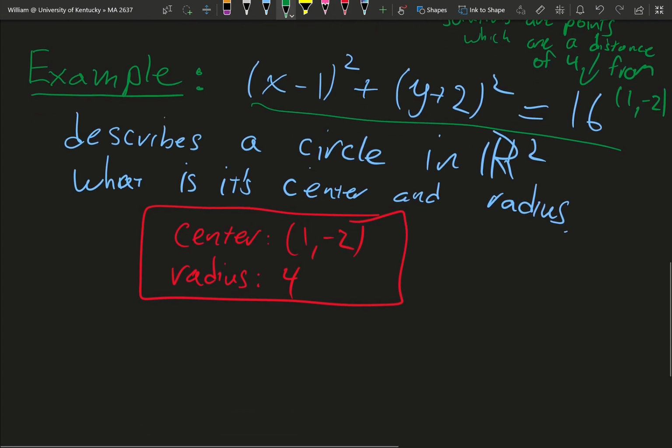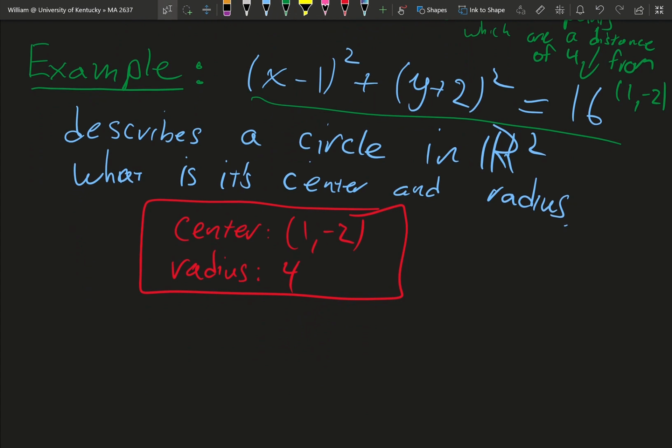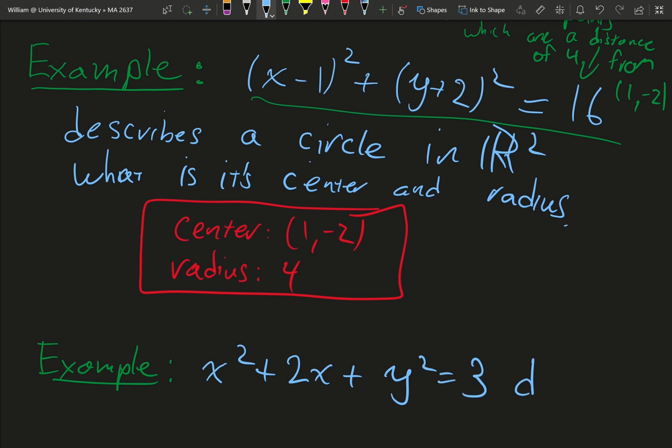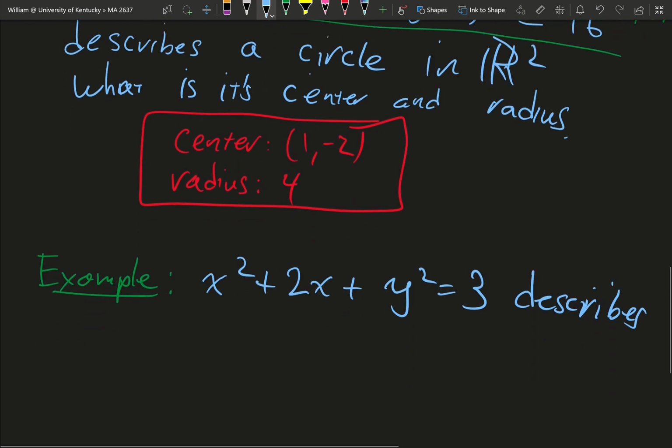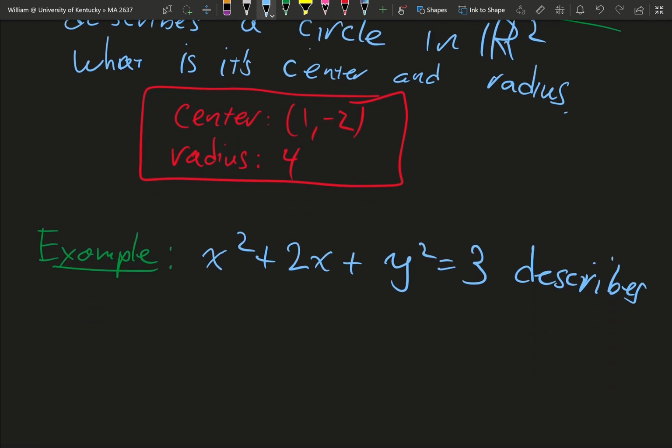Okay, so now a slightly more complicated version of this. x squared plus 2x plus y squared equals 3 describes a circle. This one's not as free. Find its center and radius.